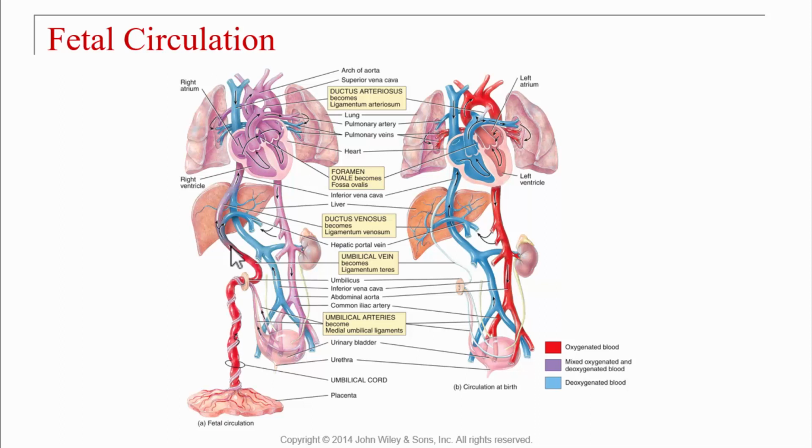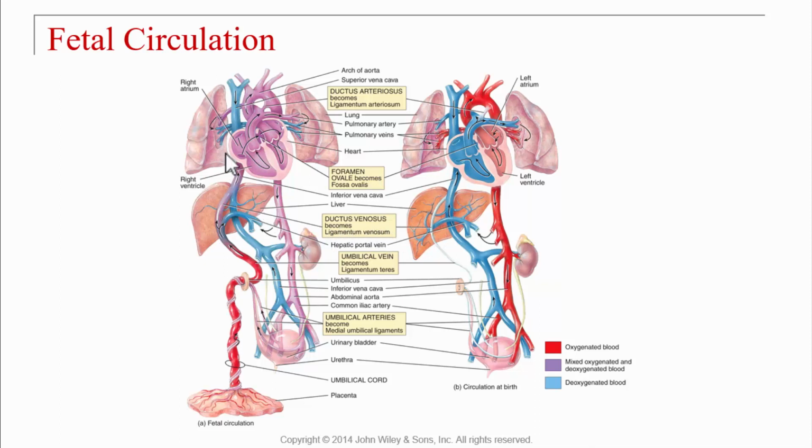Okay, so the ligamentum teres is going to be cylindrical like that. Okay. All right, so umbilical vein becomes ligamentum teres, and then the ductus venosus becomes the ligamentum venosum.